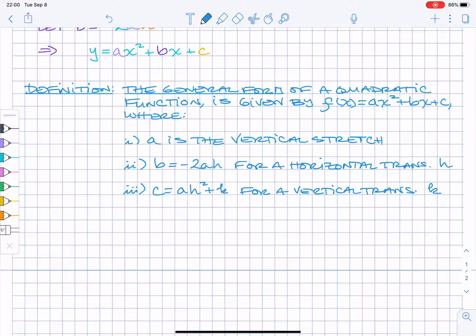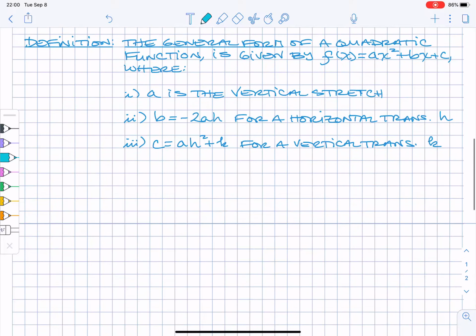Okay, so another definition, which is analogous. This is the standard definition.